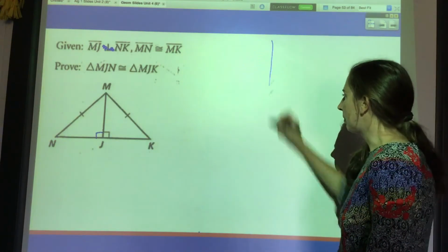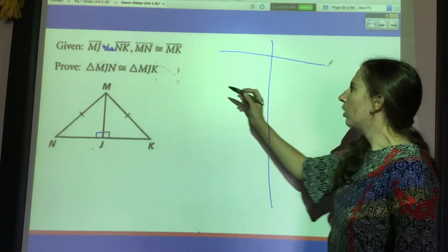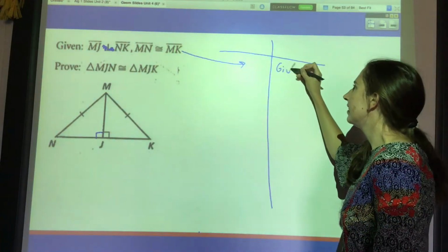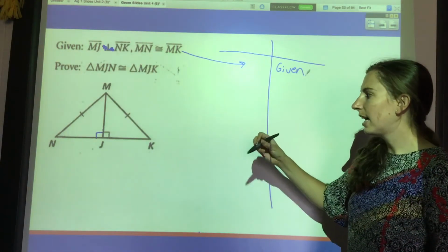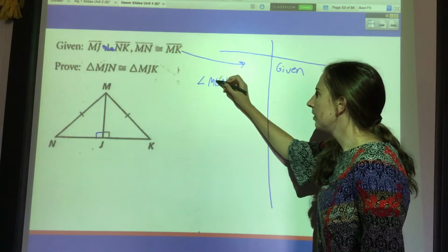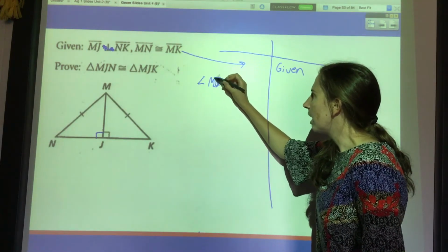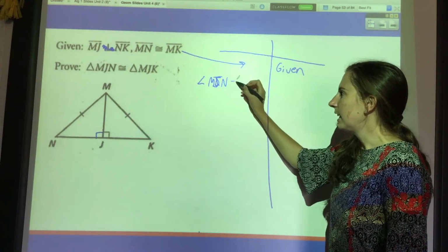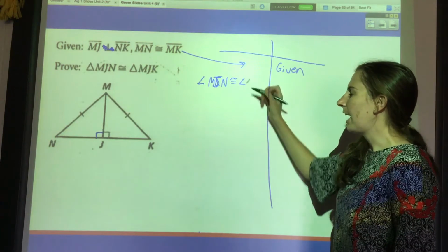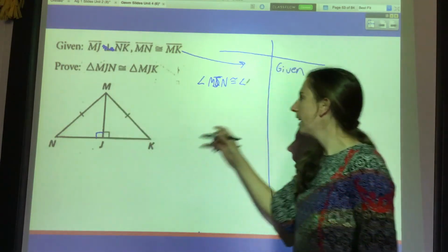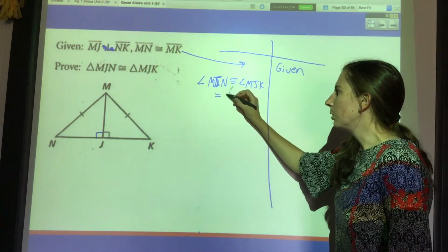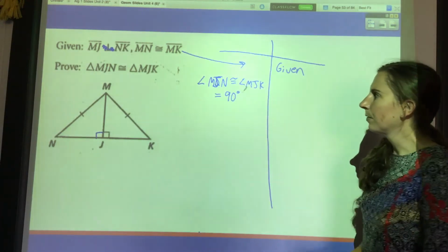I'm going to go ahead and write that in my proof. So that would be the first line because given. And then in the next line I could say, all right, well, angle MJN is congruent to angle MJK, and they're both equal to 90 degrees.